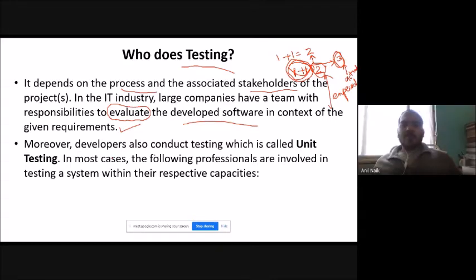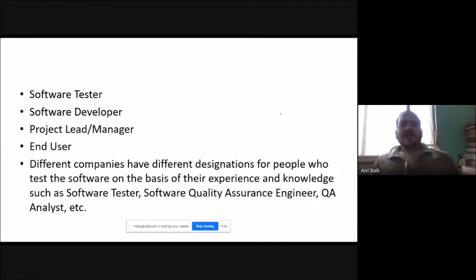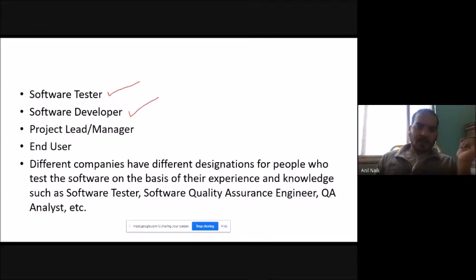Moreover, developers also conduct a testing which is called unit testing. Unit testing is one of the levels of testing. In most cases, professionals are involved in testing a system with their respective capacities. So who does the testing? Testing is done by the software tester, software developer, project lead or manager, and end users.